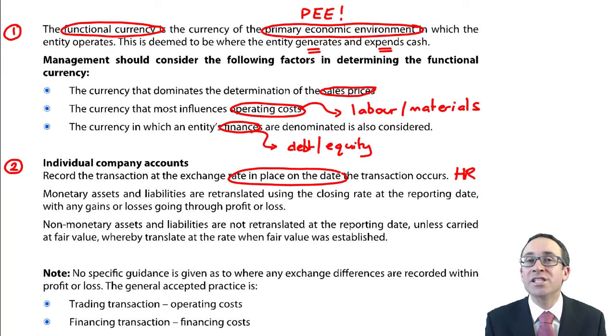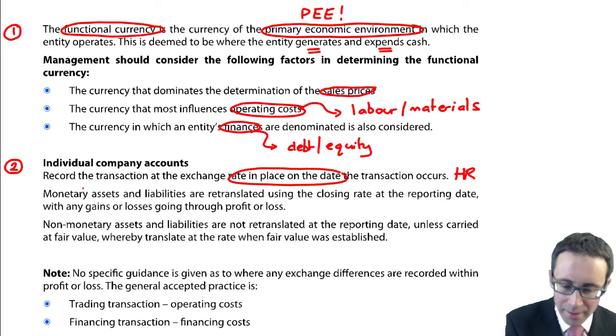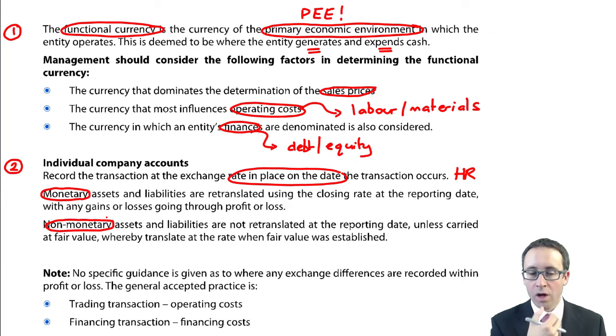It's not rocket science. The next bit is a little bit more of a challenge, because what we then need to go through and do is we need to go through our full statement of financial position and look at the assets and liabilities and determine whether or not they are monetary or non-monetary, because the subsequent accounting treatment is different for monetary and non-monetary items.